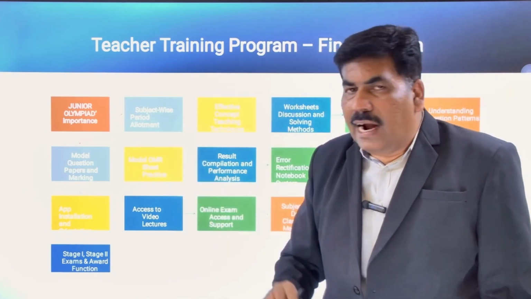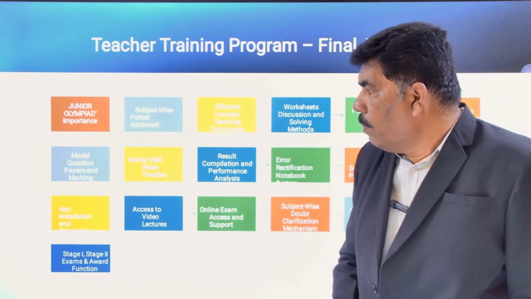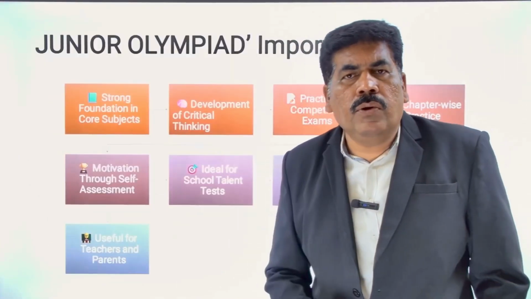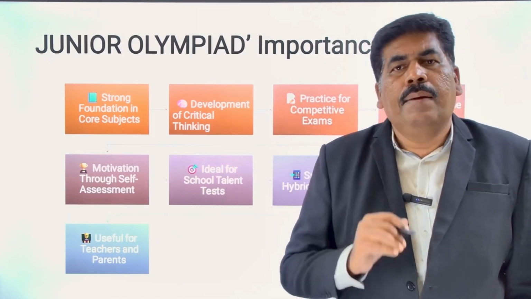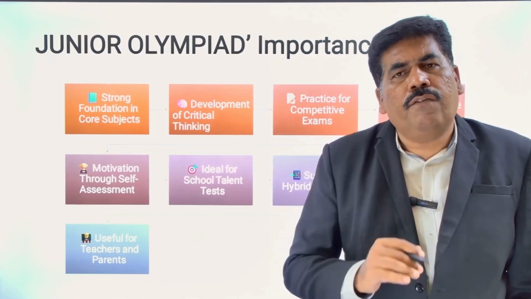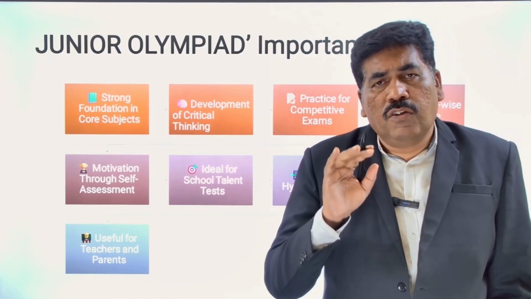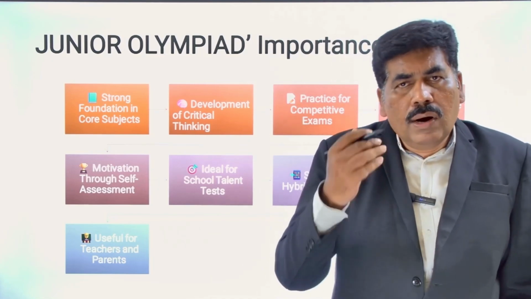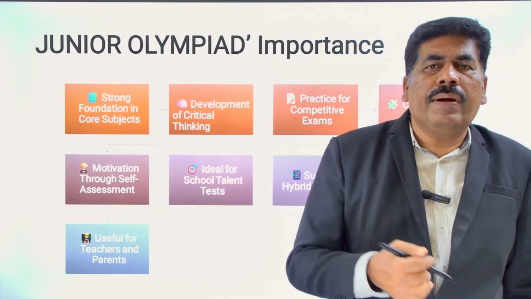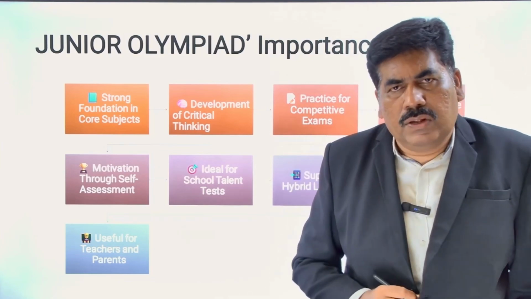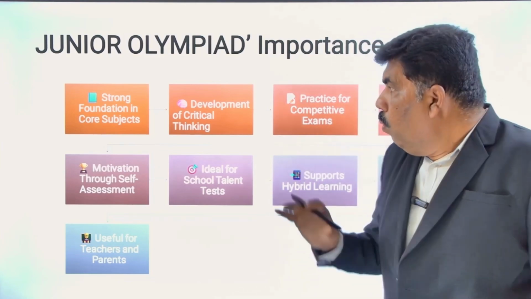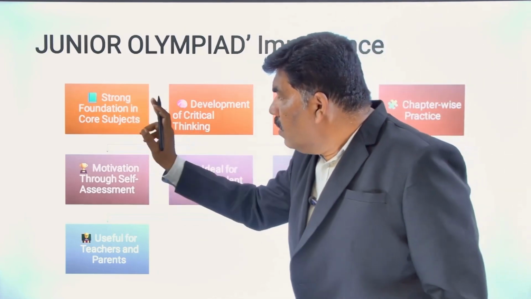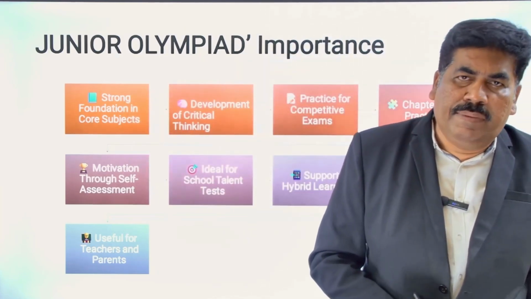First, let's start with the importance of the Junior Olympiad Foundation program. Why do you need to implement this program? You are already following so many kinds of books in your school. Along with those books, what is the need for our Junior Olympiad resource books? That is the big question. We implement this program to lay a strong foundation in core subjects.